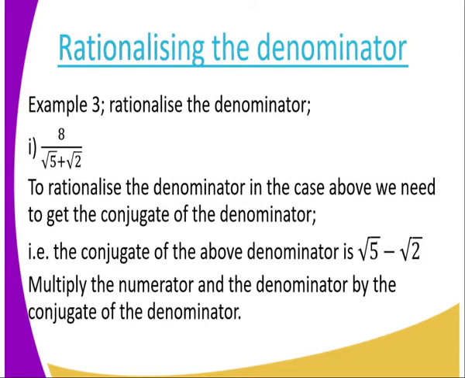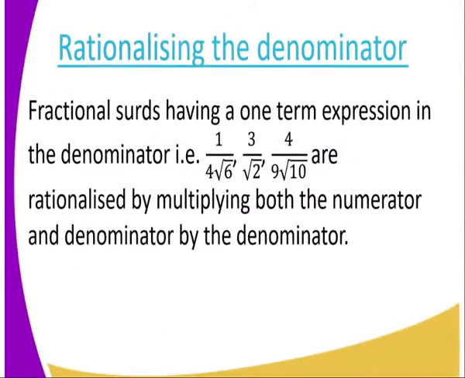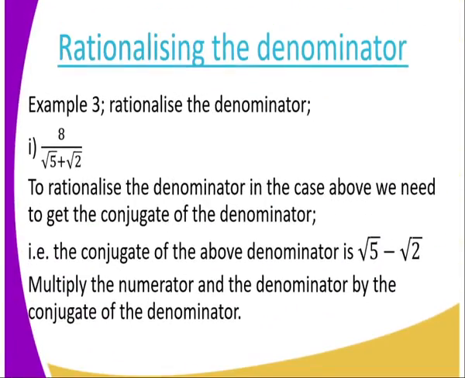So in my case, the conjugate of the denominator becomes surd 5 minus surd 2, since we have changed the positive to negative. So we multiply both the numerator and the denominator by the conjugate. After multiplying by the conjugate, the denominator becomes a natural number.